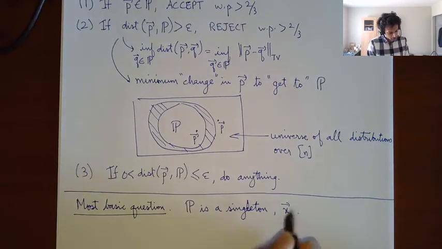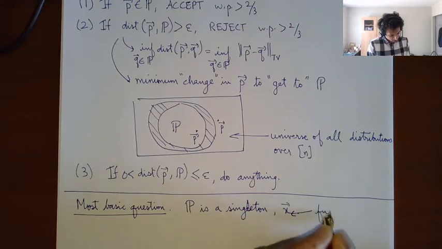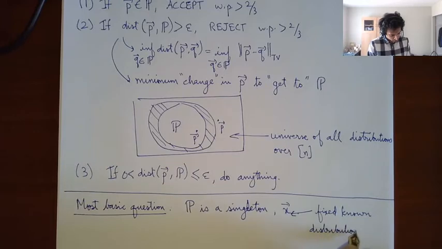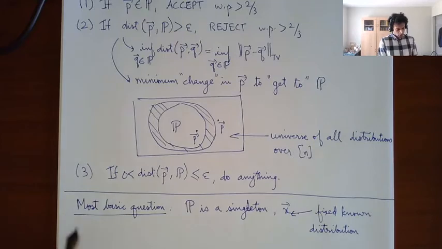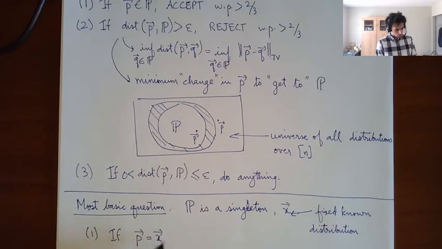But this is a fixed, known distribution. And so now our guarantees are simply: if P is equal to X, accept, except with high probability.